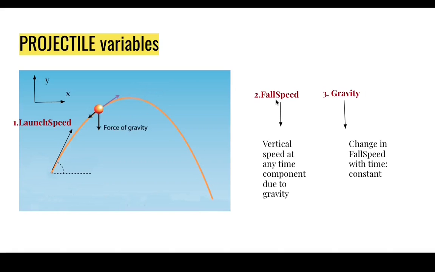So due to force speed, it's going to start going up, then it's going to start going down, but over a period of time, it will keep going down and down, and the force speed will keep increasing, which means it will keep going down more and more until it hits the ground. So the gravity just changes the force speed with time, and constant means it doesn't change.